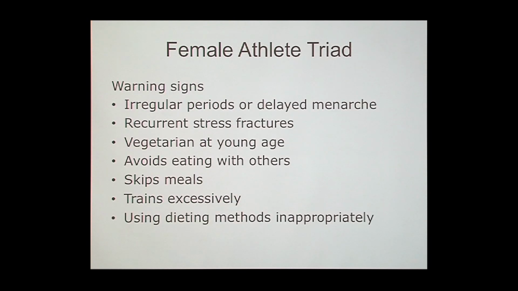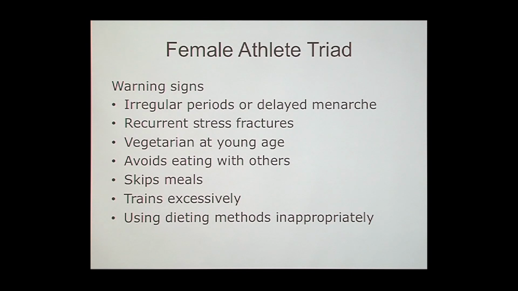Can be very dangerous. And some of the warning signs that you get worried about: if a young person has irregular periods or they haven't had a period before 16, recurrent stress fractures, again, is a major thing that we see in our athletes. Being a vegetarian or having food restrictions at a young age for no good reason.